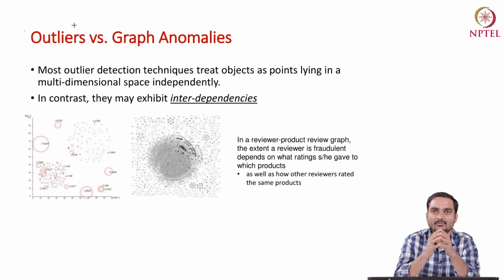A fraud review in general looks like a genuine review. For example, it may talk about some problems in the product, delivery related or features related problems, and therefore automatically the rating is low, 1 or say 2 out of 5. Now how do you know that this review is actually a fraud review without looking at other reviews?